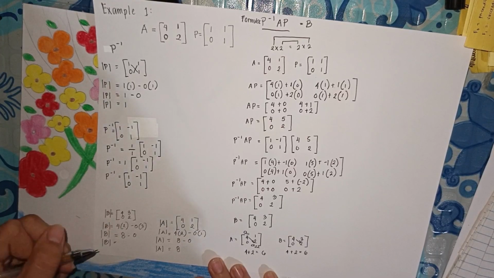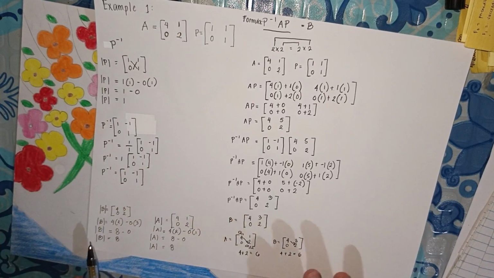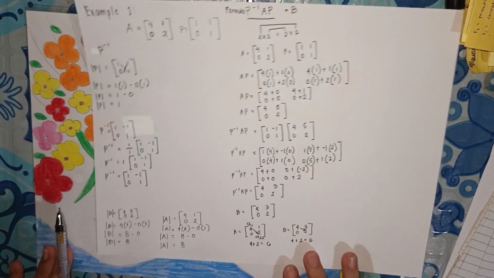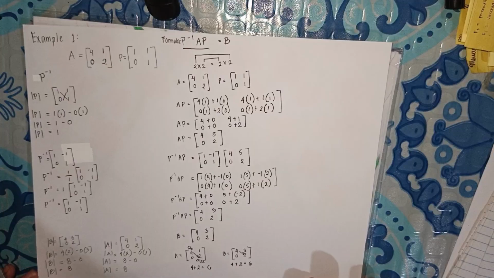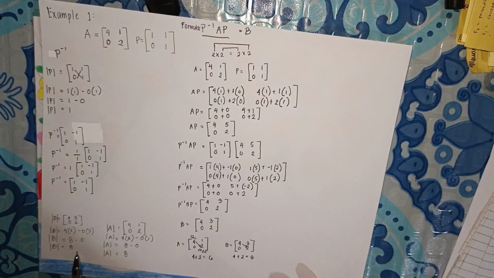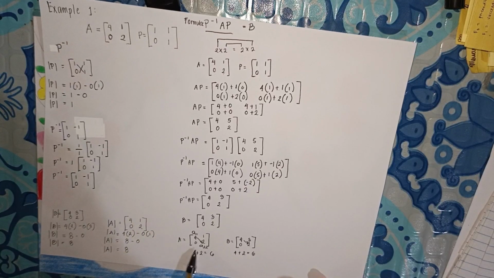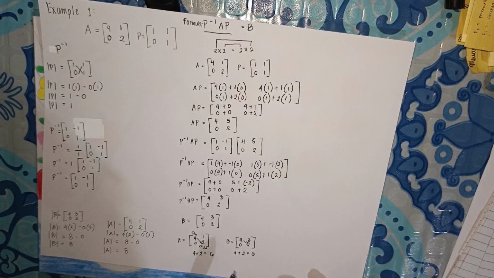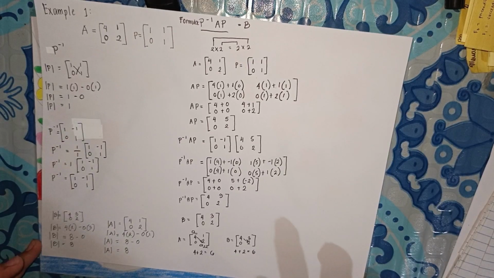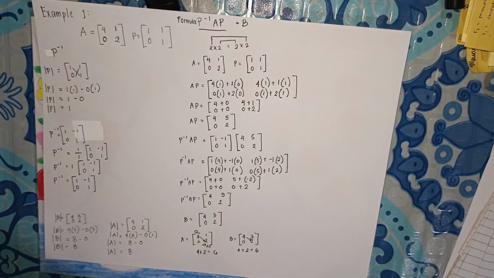So, the determinant of matrix B is 8. So, the determinants of A and B are the same. So now we know that the two matrices are similar, because they have the same trace, the same determinant, and matrix P is invertible.